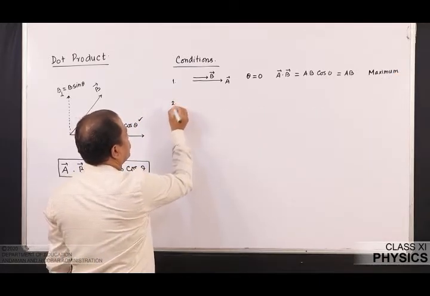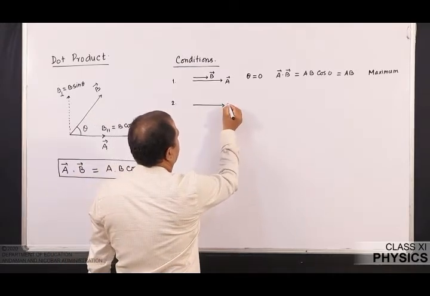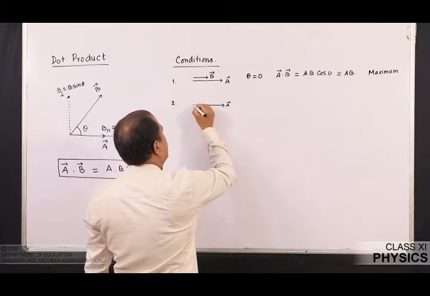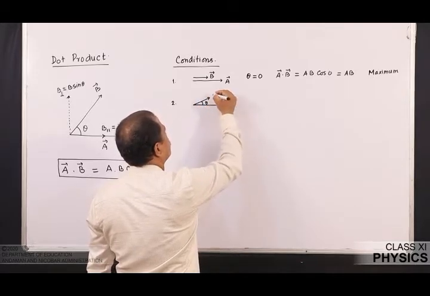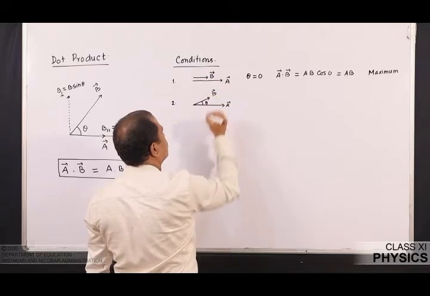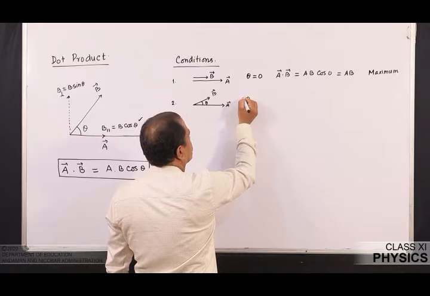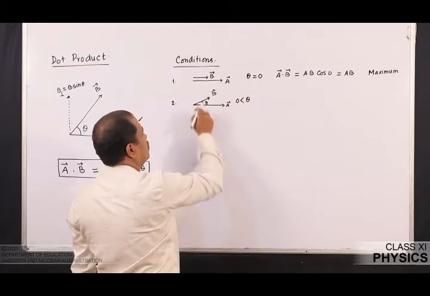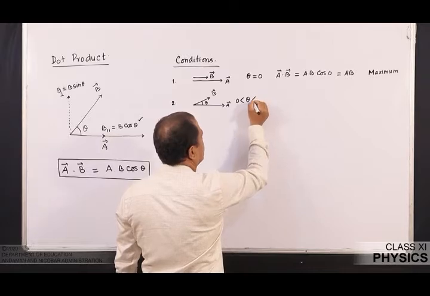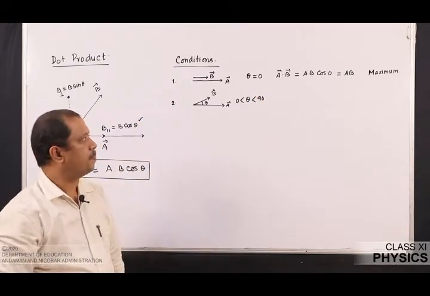Second case: I have a vector A, and the angle is theta, and the vector is B. The condition is that theta is greater than 0, but at the same time less than 90 degrees, not equal to 90 degrees.